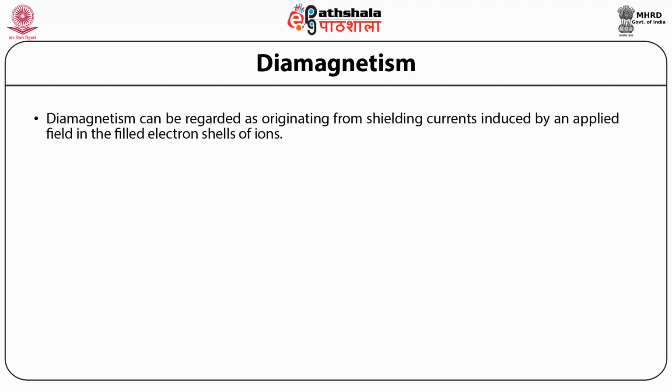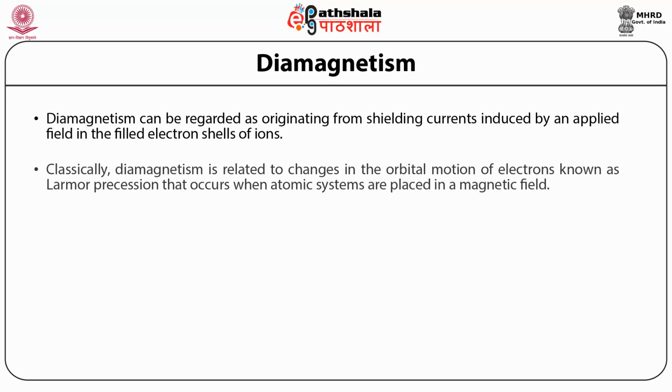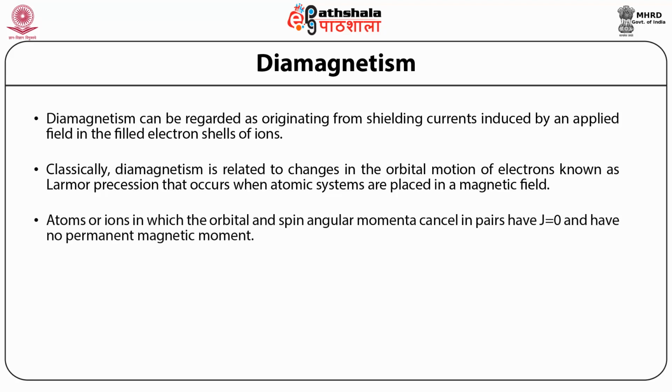Diamagnetism. Diamagnetism can be regarded as originating from shielding currents induced by an applied field in the filled electron shells of ions. Classically, diamagnetism is related to changes in the orbital motion of electrons, known as Larmor precession, that occurs when atomic systems are placed in a magnetic field. Atoms or ions in which the orbital and spin angular momenta cancel in pairs have J equal to 0 and have no permanent magnetic moment.